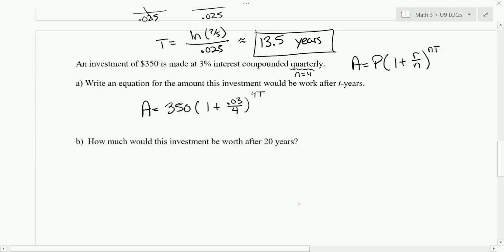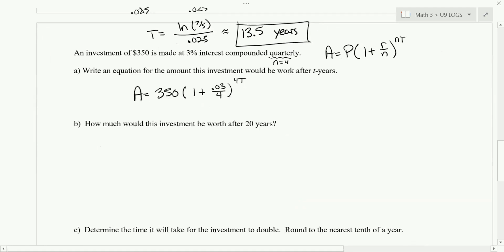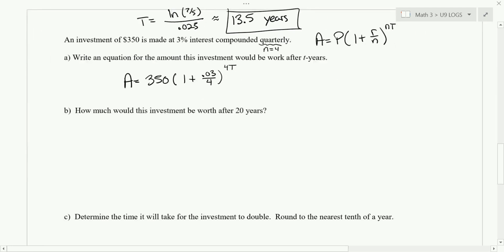So part B is just plugging it in. And again, part C is more like a test question that you might see. And it's going to be challenging, and I want you to try it.